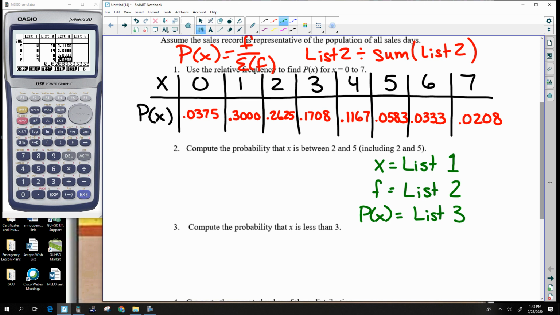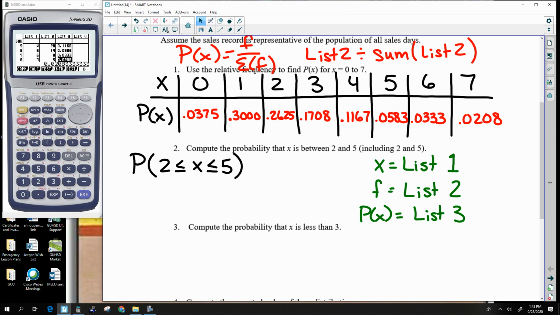Now, the next few problems are going to be asking you a range kind of problem. Like, what is the probability that X is between 2 and 5, including 2 and 5?